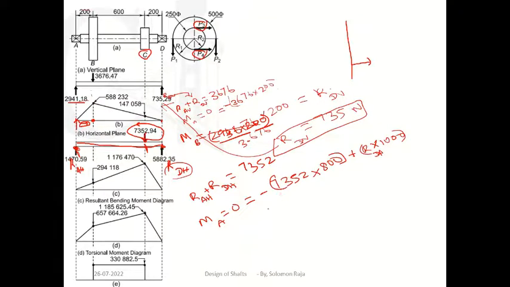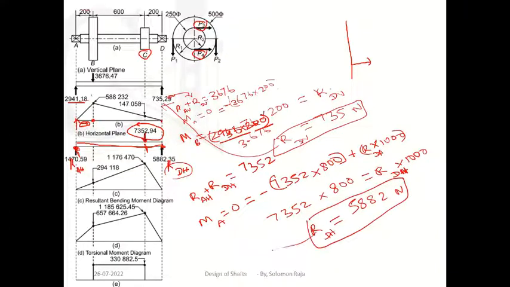So similarly, this side 0. So bring this value here, RDH. Bring this 1000 this side. So you will get RDH as 5882 Newton.